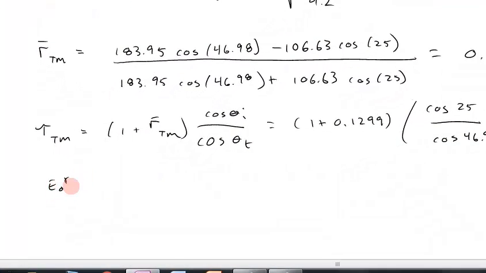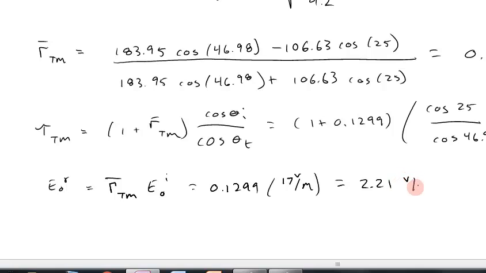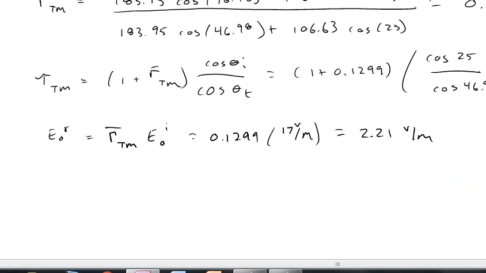The magnitude and angle of the initial amplitude of the reflected wave is therefore equal to the reflection coefficient for the TM mode times E0I, the initial incident wave magnitude. That's 0.1299, and we were given this value as 17 volts per meter. So that's 2.21 volts per meter.